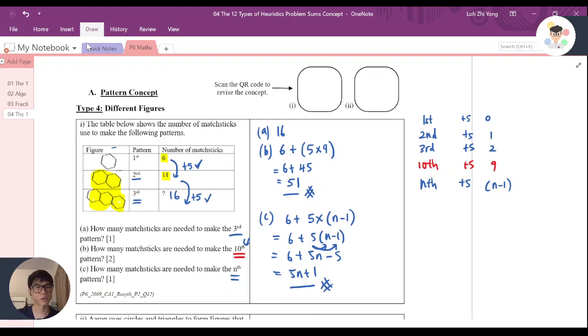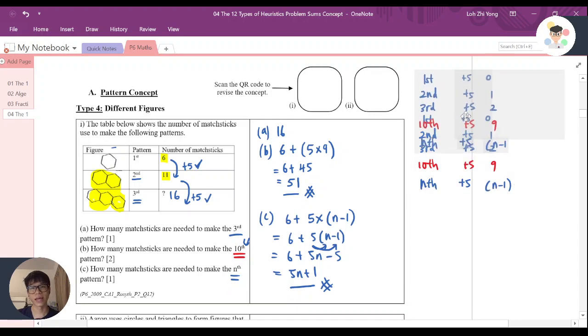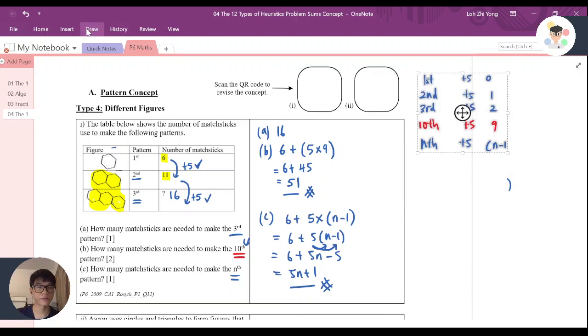However, let me just quickly review this one thing. Actually, every time if you know that the concept is like adding a number constantly, actually we can straight away do the formula here like this. Okay, the first formula that you can have is actually a plus n minus 1 times d.